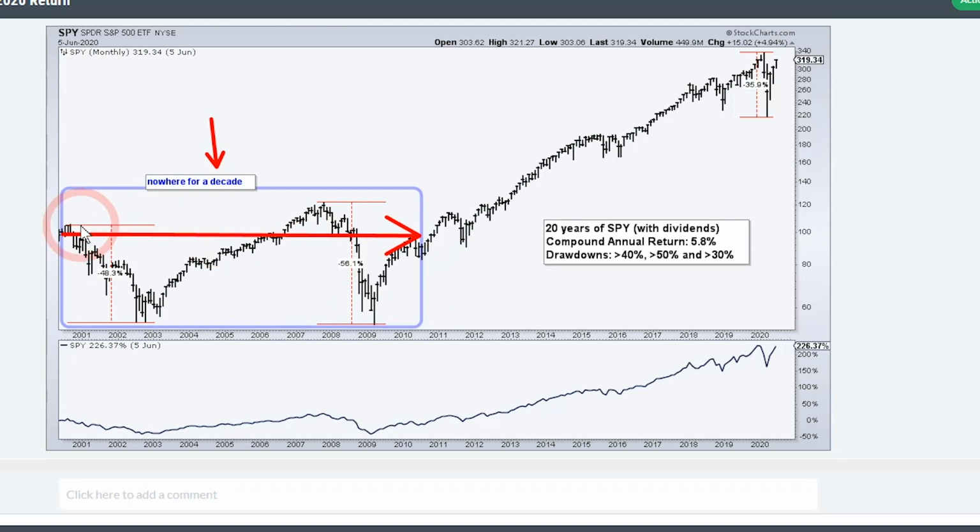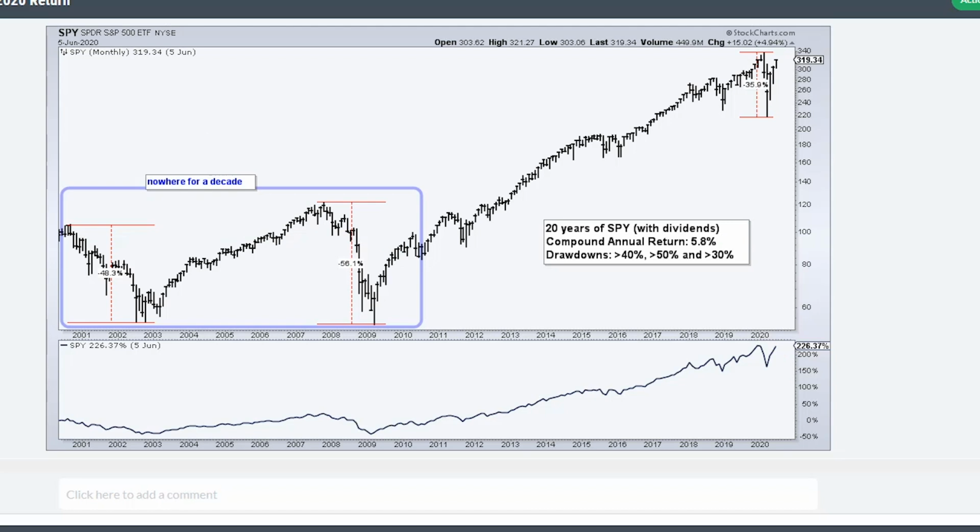Now, even though over this period, if you go back since 2000, you can see that we have an annual return of 5.8% and a total return of 226%, you can see that getting there was not exactly a straight path.